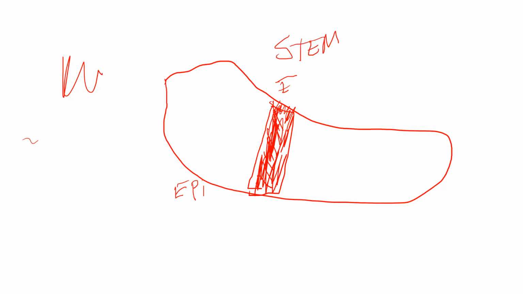So in STEMI, there is a transmural infarction, meaning from one wall, from the inner layer, all the way to the outer layer. This results in ST elevation in the electrocardiogram.